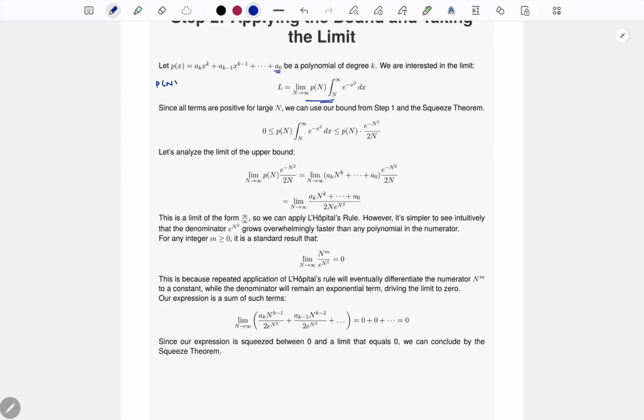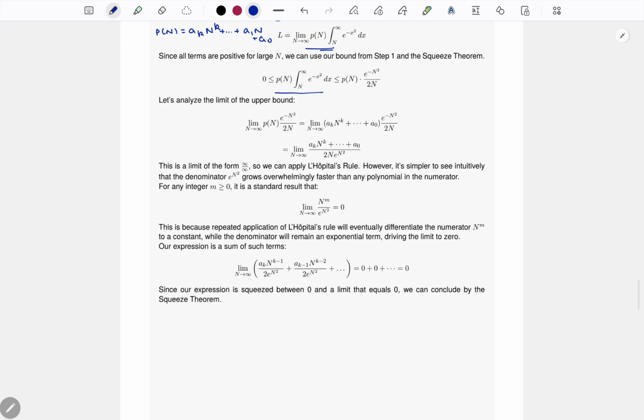P(n) will be a_k n to the power k and so on till a_1 n plus a_0. So 0 is less than or equal to P(n) times the integral, which is less than or equal to P(n) times the value we approximated. Observe that if I am able to show that this goes to 0 as n tends to infinity, then by the squeeze theorem we are done, and that's exactly what we will do.